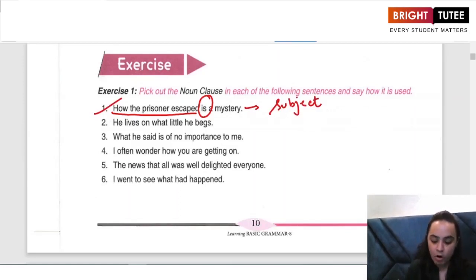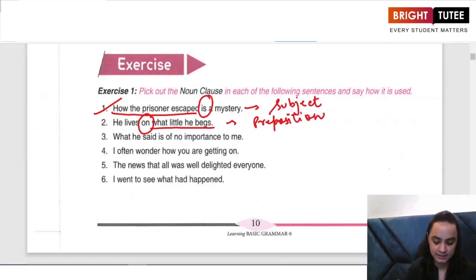He lives on what little he begs. So what does he live on? What little he begs. What is on? On is my preposition. My noun clause is next to a preposition. So this is a prepositional noun clause.